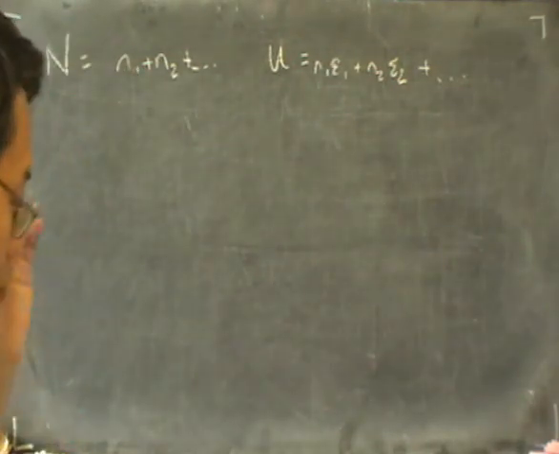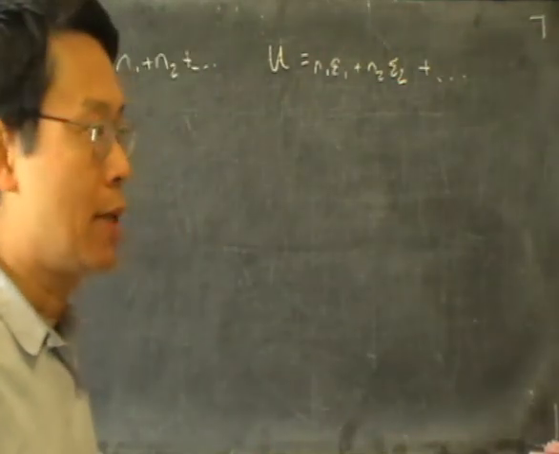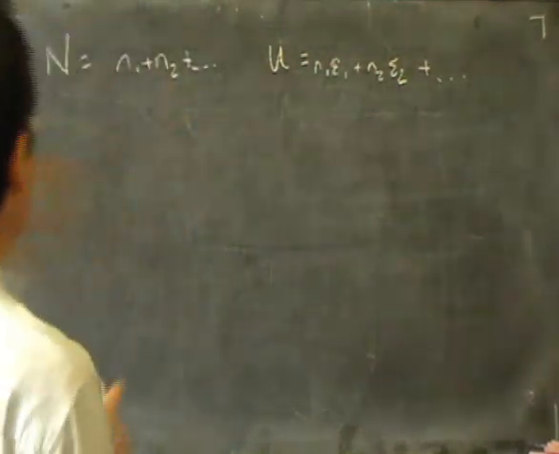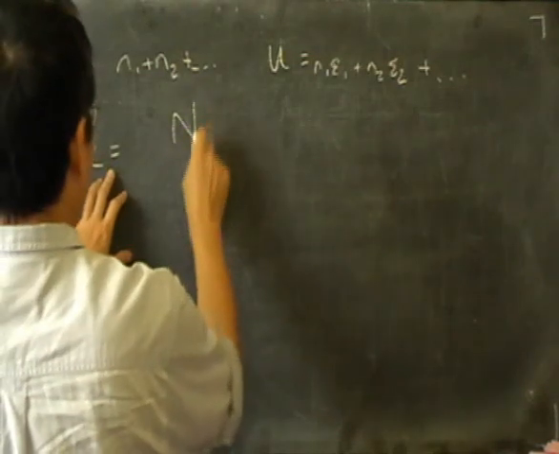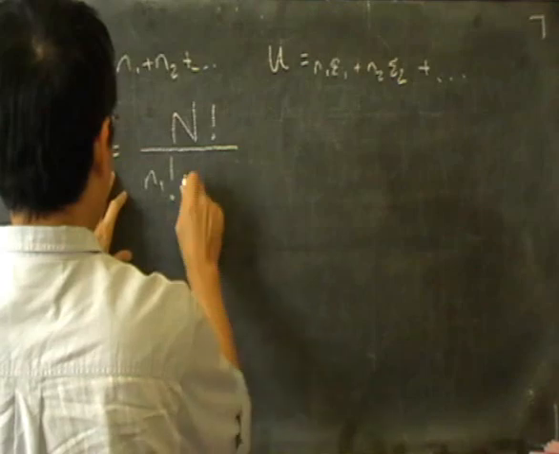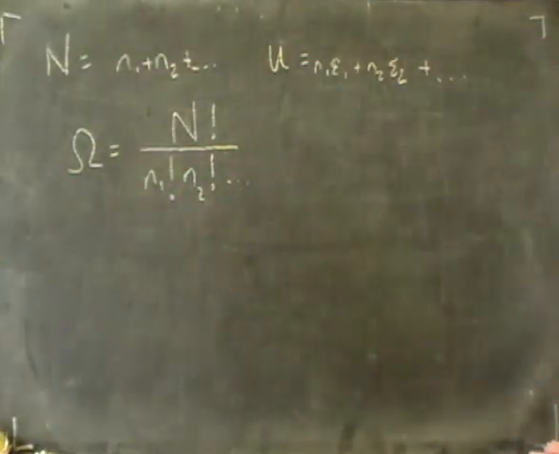We have seen from the previous discussion that we need to look at the number of arrangements, given by n factorial over n1 factorial, n2 factorial, and so on if we have more than two levels.